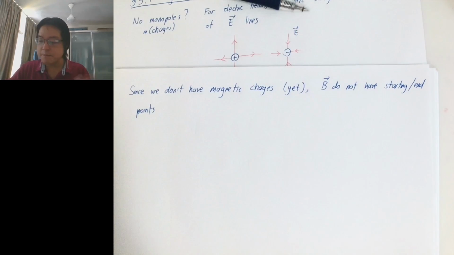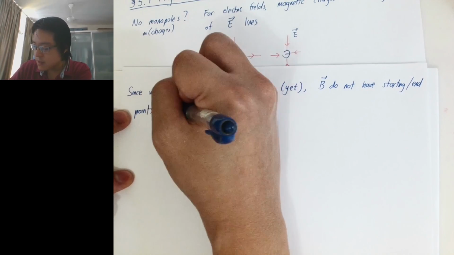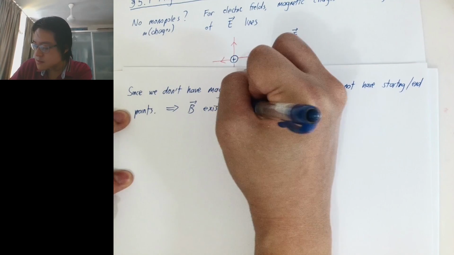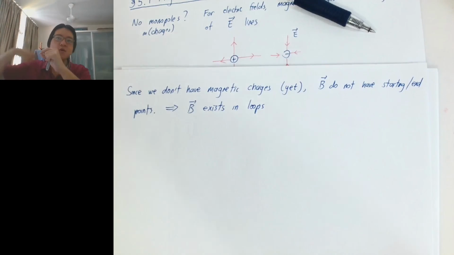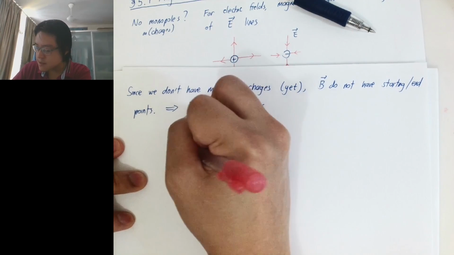So the consequence is that magnetic fields exist in loops. If they exist in loops, they don't need to start or end, they just go around and around. That's why you get magnetic field going in circles.